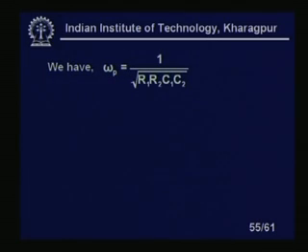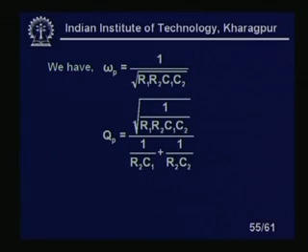We have omega p equal to 1 upon root over R1 R2 C1 C2, Q p equal to square root of 1 upon R1 R2 C1 C2, whole upon [1 upon R2 C1 plus 1 upon R2 C2], right, and gain constant K equal to 1 by R1 C2. That is quite obvious because there is no positive feedback. So, it is a negative feedback topology, that means the RC network is in the negative feedback path. So, this is the filter.